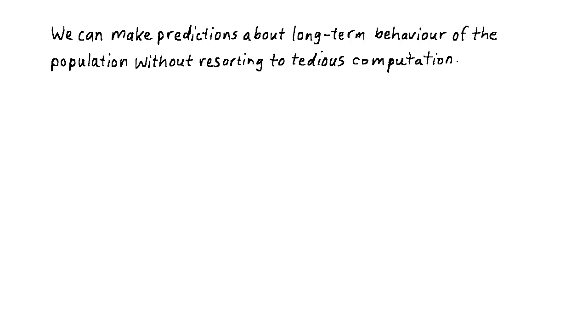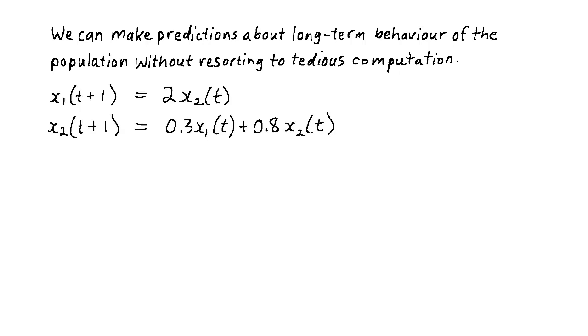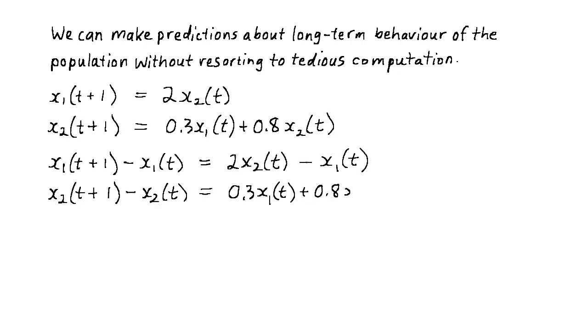To see what I mean, let's take our recursive model and modify it like so. Notice I've subtracted x1 of t from both sides of the first equation, and I've subtracted x2 of t from both sides of the second.